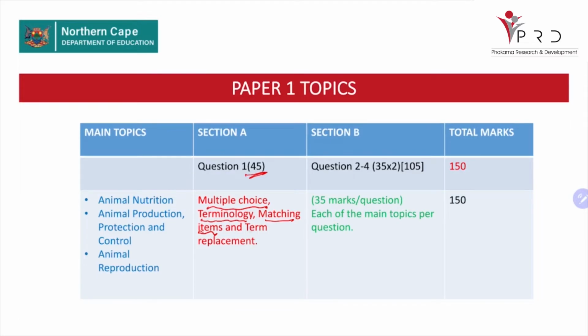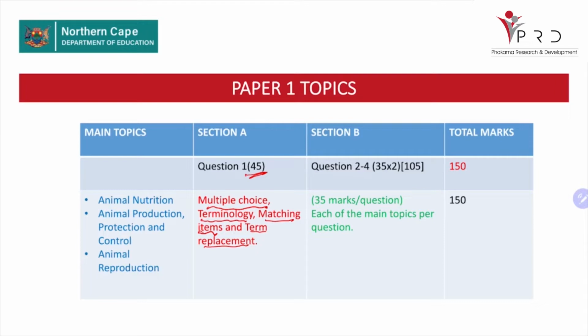And then the last part is term replacement, whereby you are given an incorrect term, which will be underlined, and you are expected to give the correct term. It's not a matter of saying true or false. If increase is underlined and decrease fits in, then you replace it with decrease.